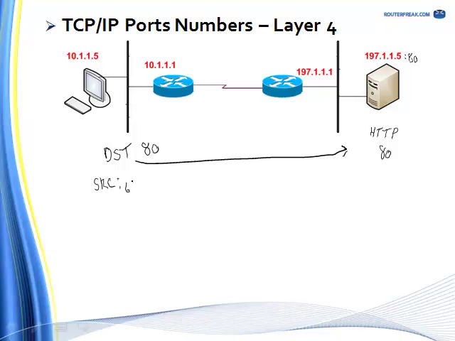I'll just say 65,000 will be the source port. These ports are known as dynamic ports, and really any port above 1023 could be considered a dynamic port, or a non-well-known port. Now there are reserved port numbers, and we'll get into some of that.